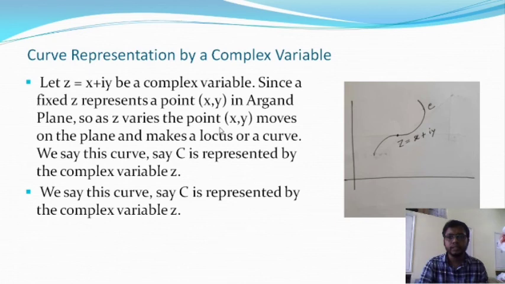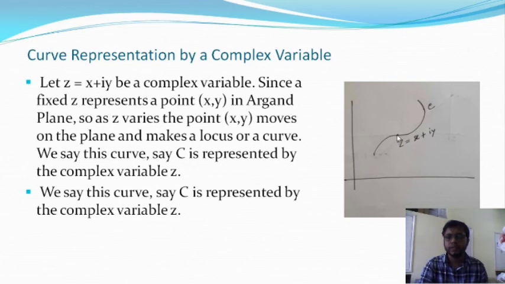So we say this curve, say C, is represented by the complex variable z. So if we take any point, say (x, y), this point is on the Argand plane.